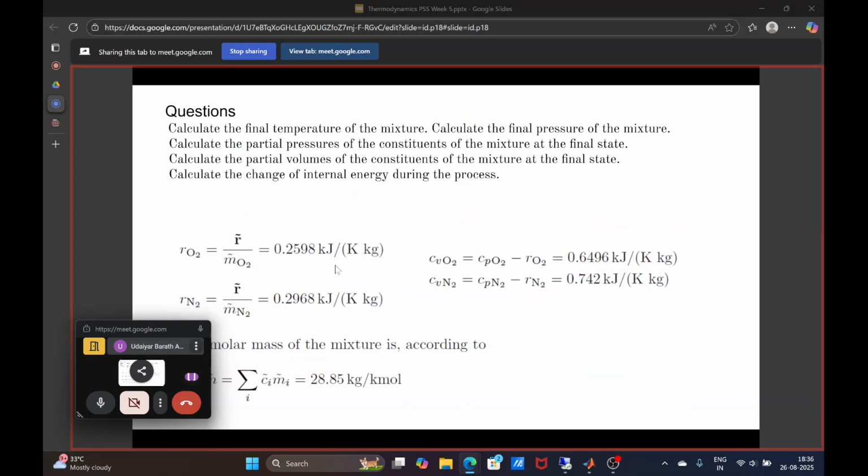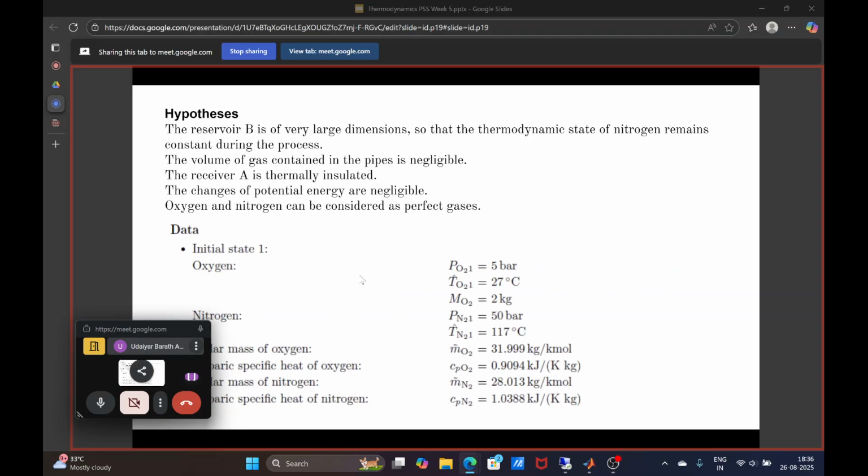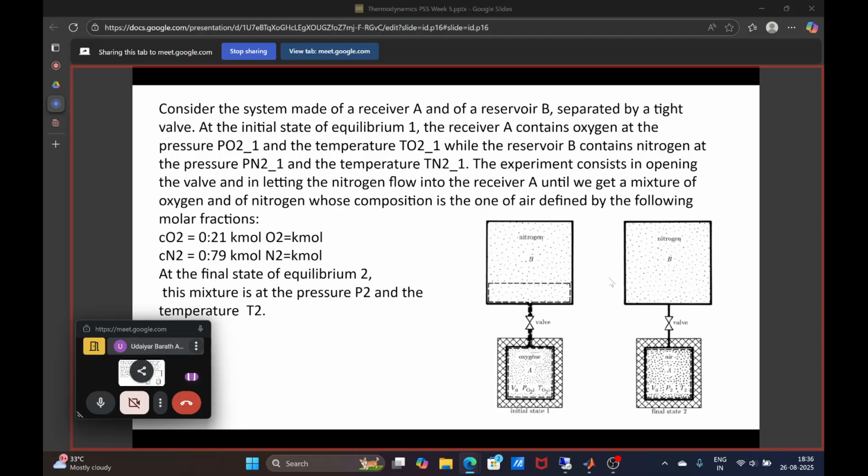Since pressure is constant, the work received will be the pressure acting upon the nitrogen times the change in the volume of the nitrogen. That is the work being done on the system, because it's compressing it and pushing it inside. So this much volume is getting displaced at constant pressure.